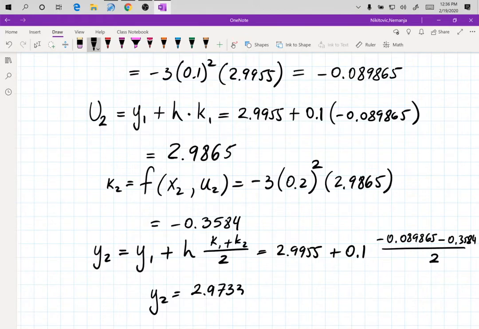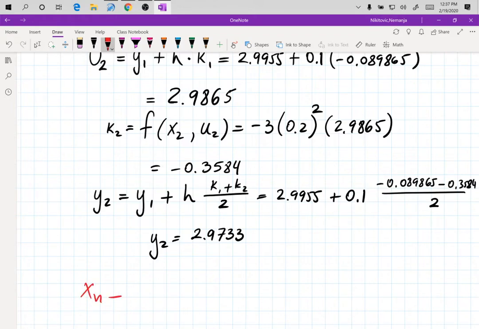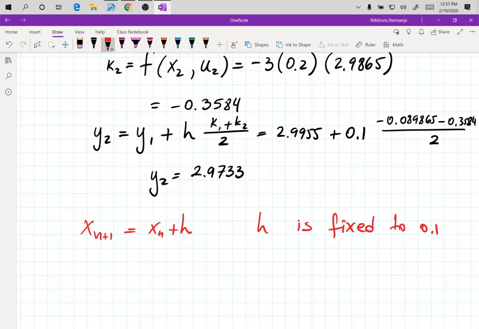Thank you. Wait, for the height, is it 0.1 or 0.2? h is always 0.1. xn is the one that increases every time, because xn+1 is xn plus h. h is fixed. h is fixed to 0.1, where x0 is 0, x1 is 0.1, x2 is 0.2, x3 is 0.3, because every time I need to add h, because that's what advances us to move a little bit on the x-axis and compute y.